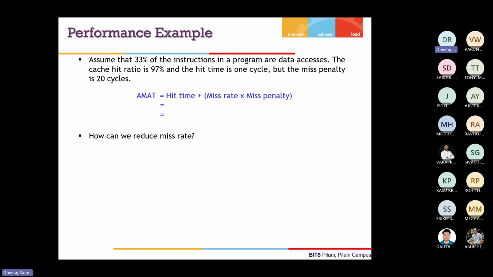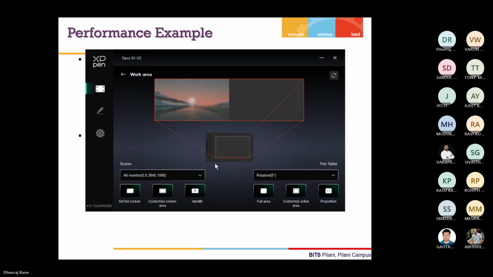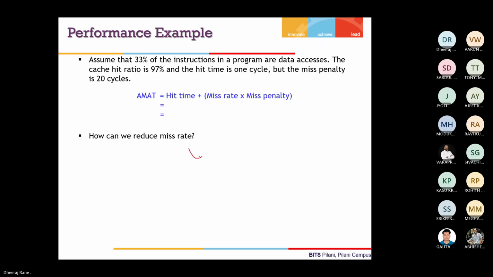Okay, so we can have a quick numerical on this. Suppose 33% of the instructions in a program are data access.